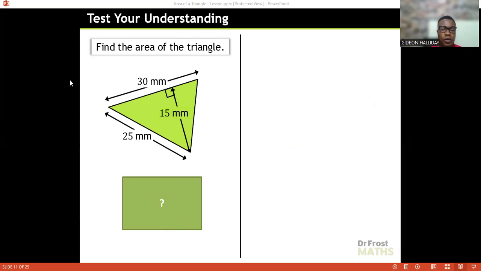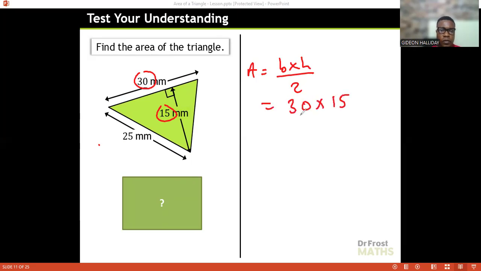Try this one. What's the height and what's the base? So you can see 30 and 15. So area equals base times height over 2. Base is 30, height 15, divided by 2. The 2 cancels, this is 15. So you're doing 15 times 15.